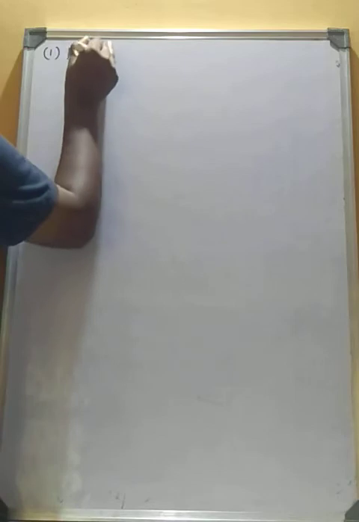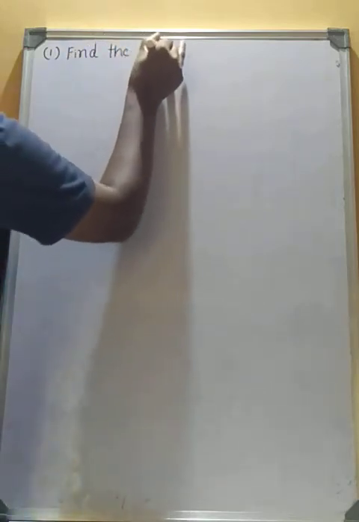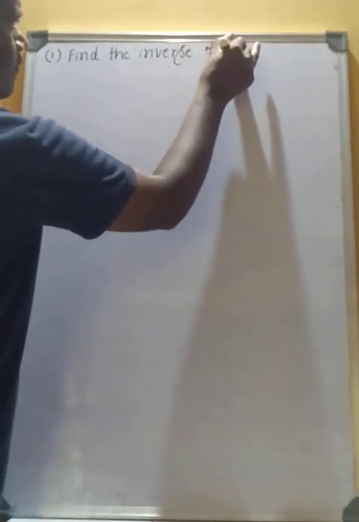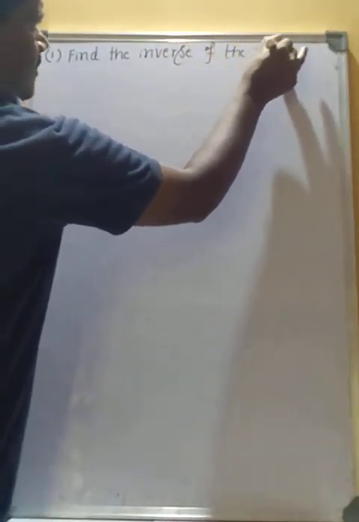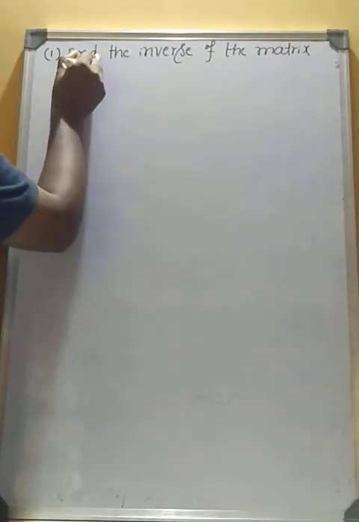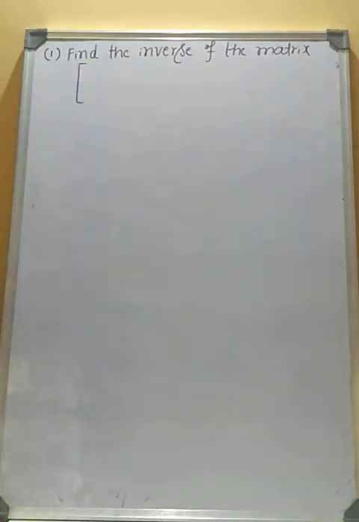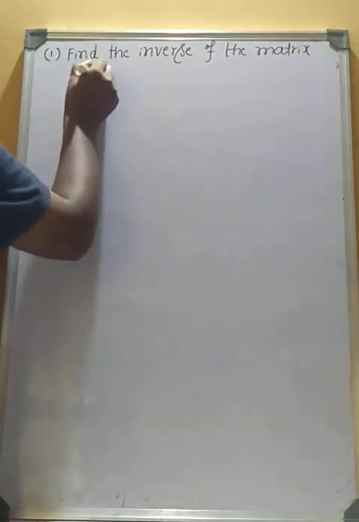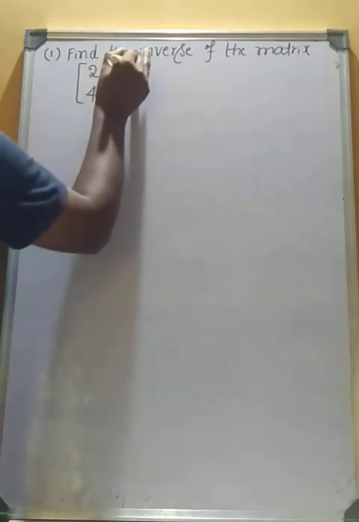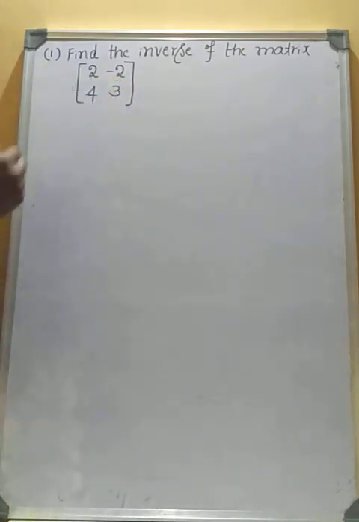Find the inverse of the matrix with elements 2, minus 2, 4, 3. So find the inverse of this matrix.